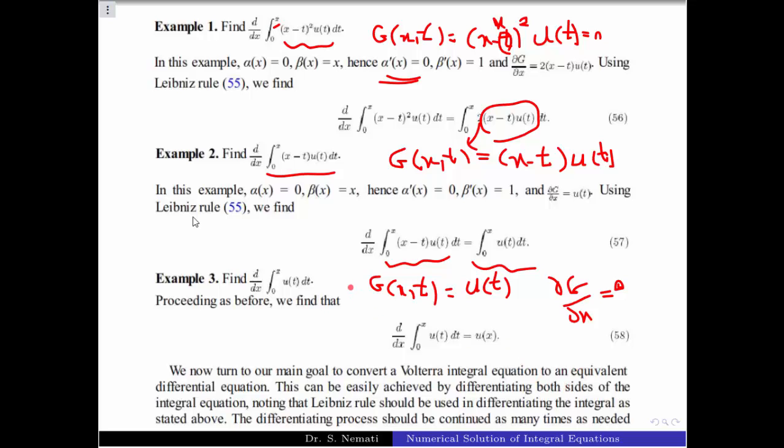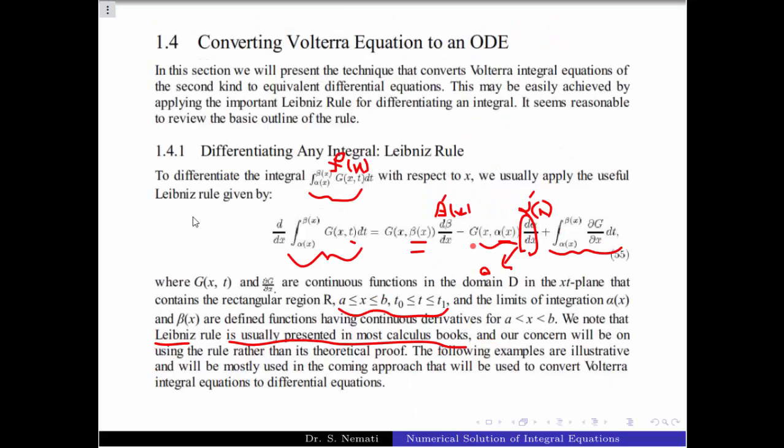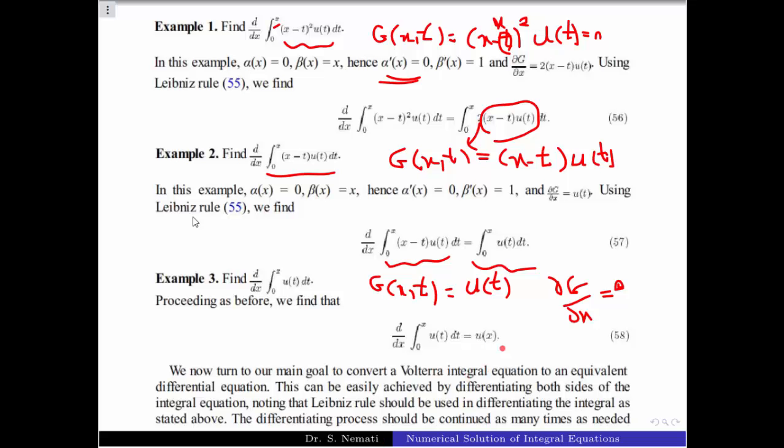So by replacing the expressions, you just have the first part, depending on beta, and the two other parts will be 0, so we only have u of x. So the derivative of this integral is equal to u of x.